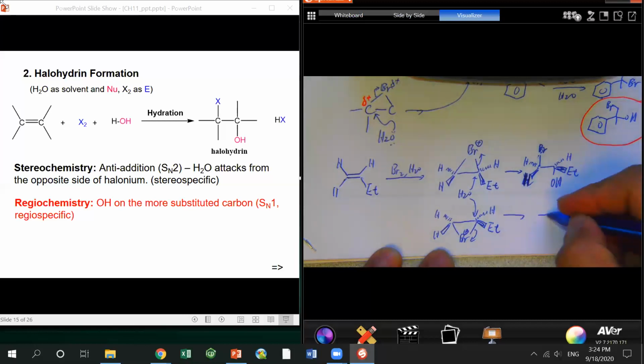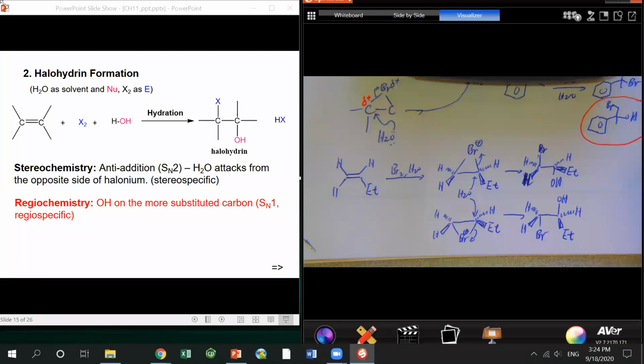Hydrogen, and also hydrogen here, Br, and then OH, and then acyl. So the relationship between these two should be enantiomer.